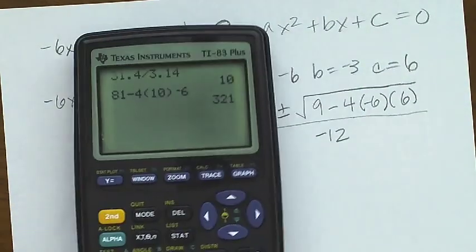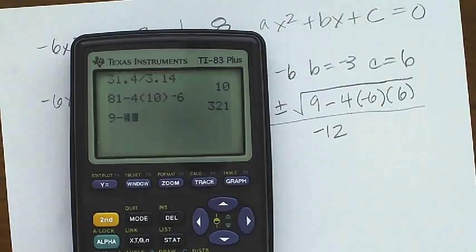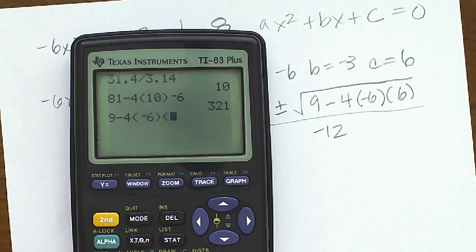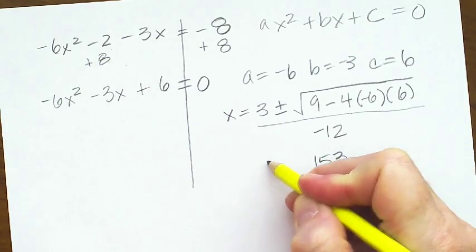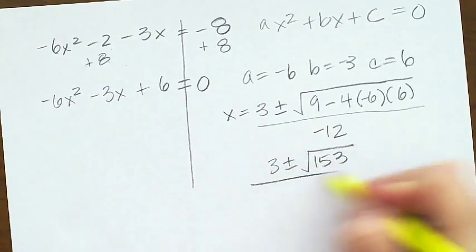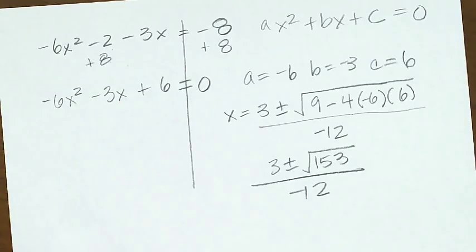So I'm going to type in 9 minus 4 times negative 6 times 6. You could just put a times there. You don't have to put parentheses. That gives me 153. But when I look at the choices, I don't see this as a choice.